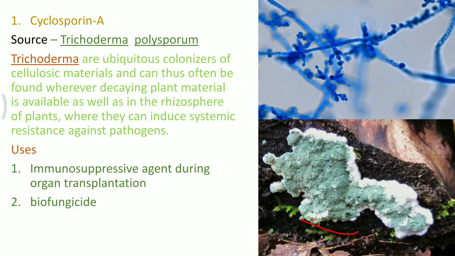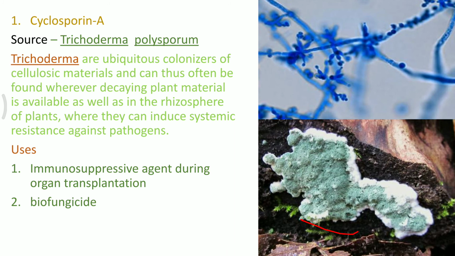It can be used as a biofungicide because wherever it is present, it is not allowing any pathogens to enter inside the plant. So the roots will get protected from the pathogenic attack of any other pathogen or any other organism in case of plants.